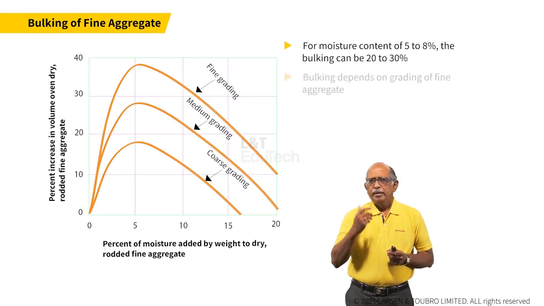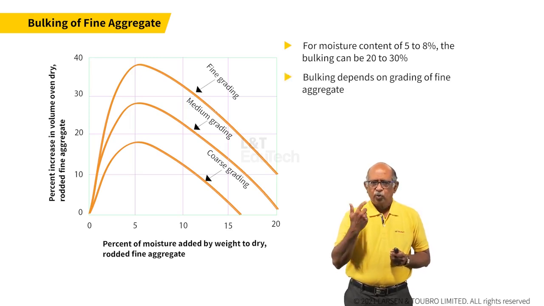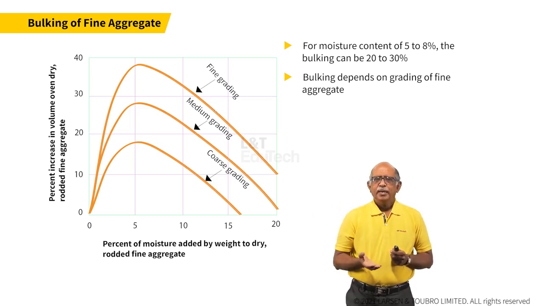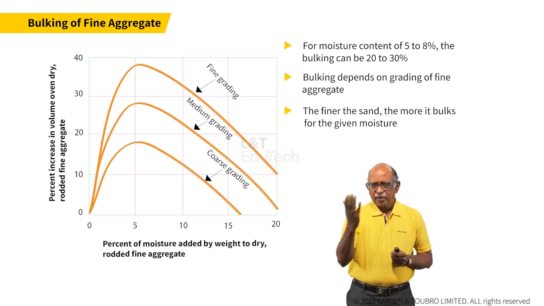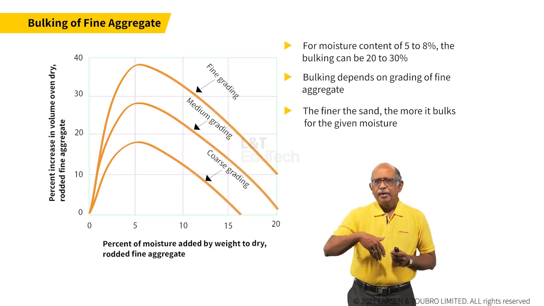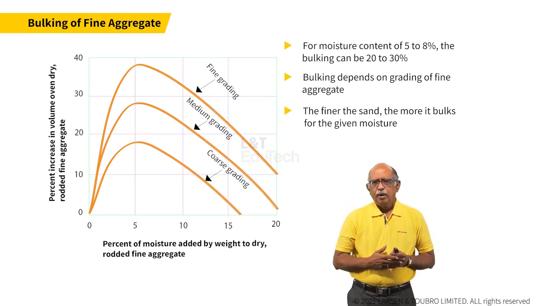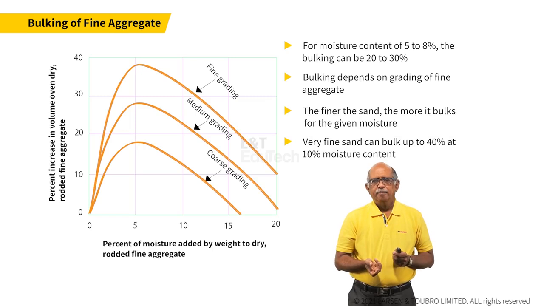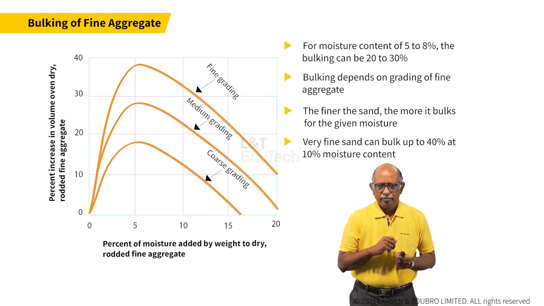Okay. It again depends on the grading zone of the sand, that means whether it falls under coarse, medium or fine, that means 1, 2, 3. Normally, when the sand is fine, even as per the graph, the bulkage will be high. Okay. Very fine sand bulks even up to 40% with 10% moisture.